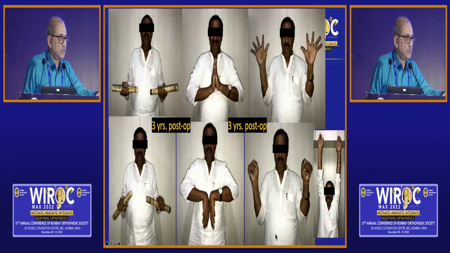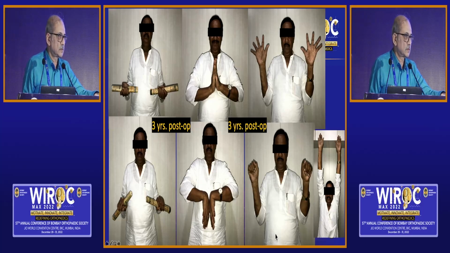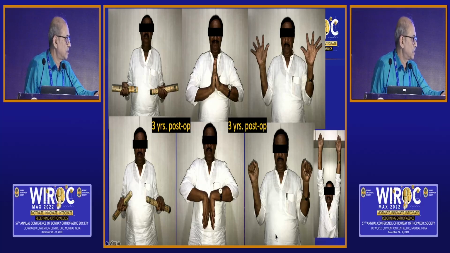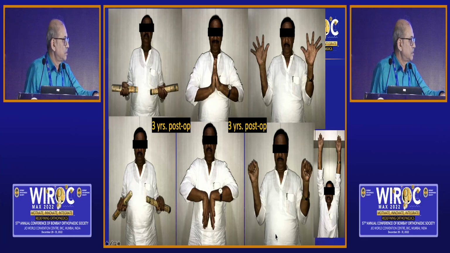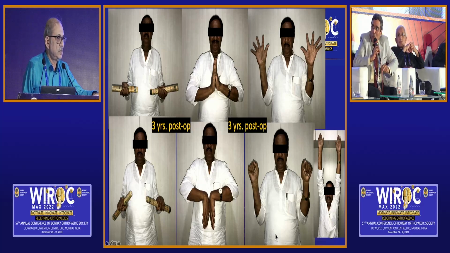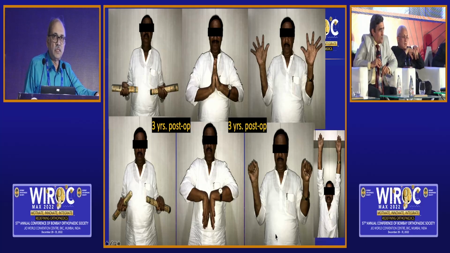And this is the 3-year post-op result. One point you pointed out was a very important point, that is keep him in supination after the surgery. Yeah, because as a bargain or barter for not permitting me iliac crest bone graft, I wanted to keep him in an above elbow slab in supination. I would have kept it even if he had consented for iliac crest graft anyway.